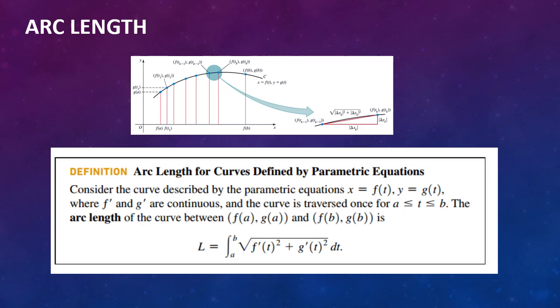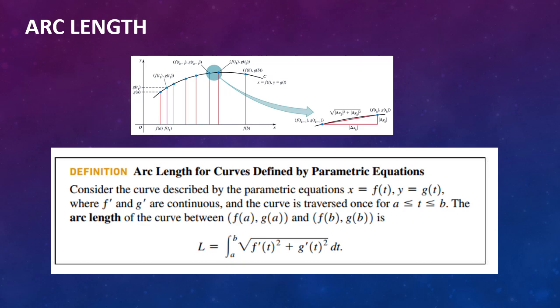So our last topic in 12.1 is arc length and how to determine it using parametric equations. There is a step-by-step derivation of how this formula comes about in the arc length section in chapter 12.1.